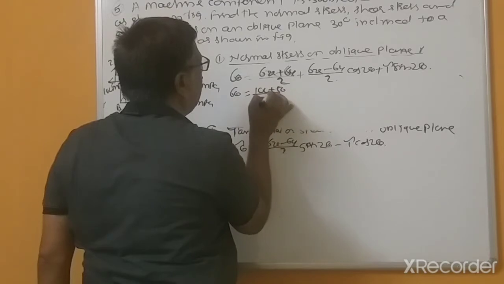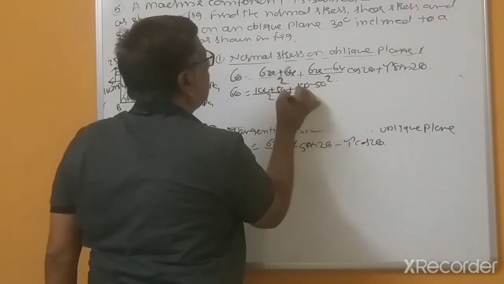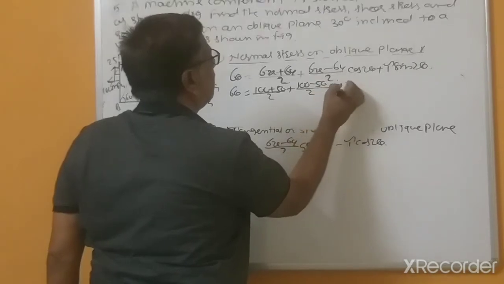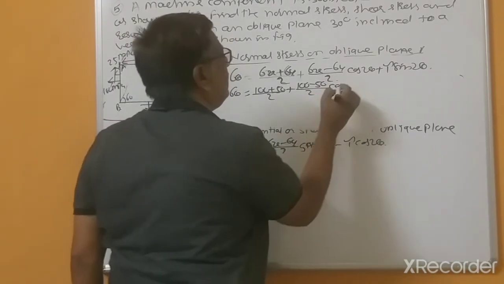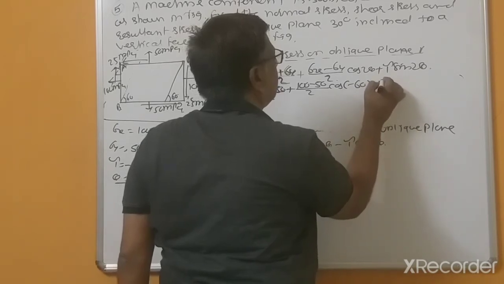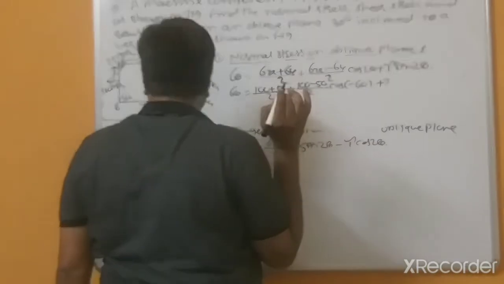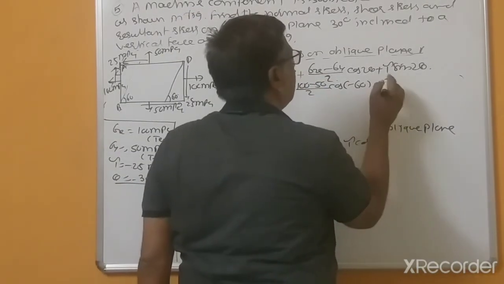Plus 50 divided by 2, minus 60, this is minus 25.